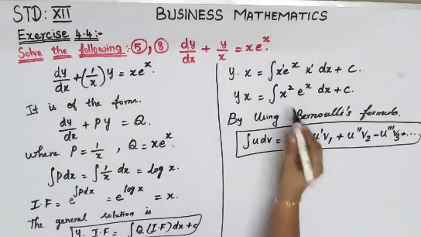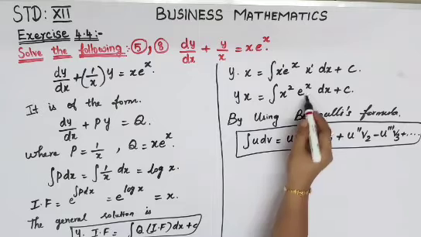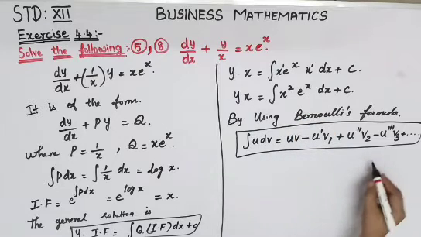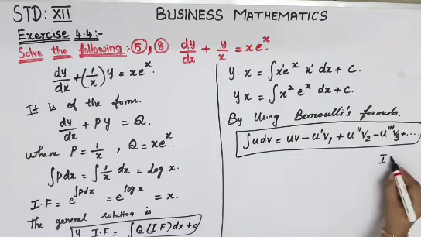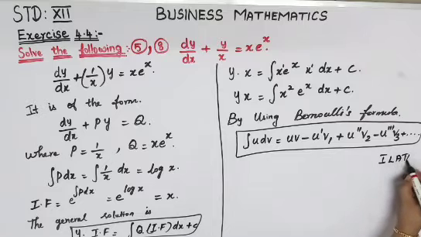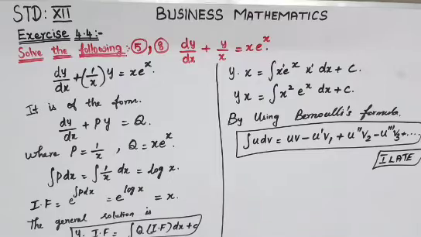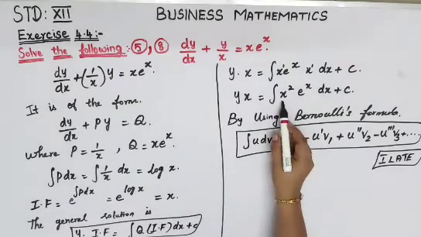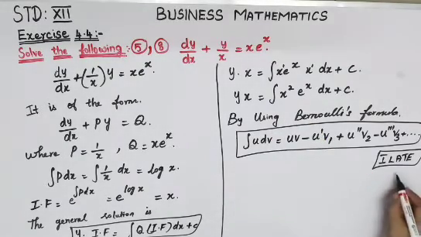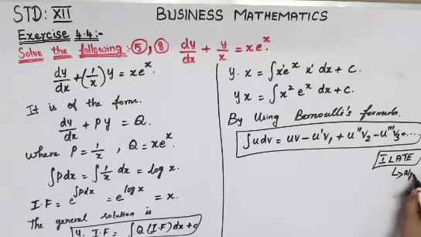To pick out which you will take as your u and which as your dv, you have the ILATE format. You would have studied this in your 11th standard, and it is also at the beginning of 12th standard. In ILATE, the first one is algebraic and then exponential.